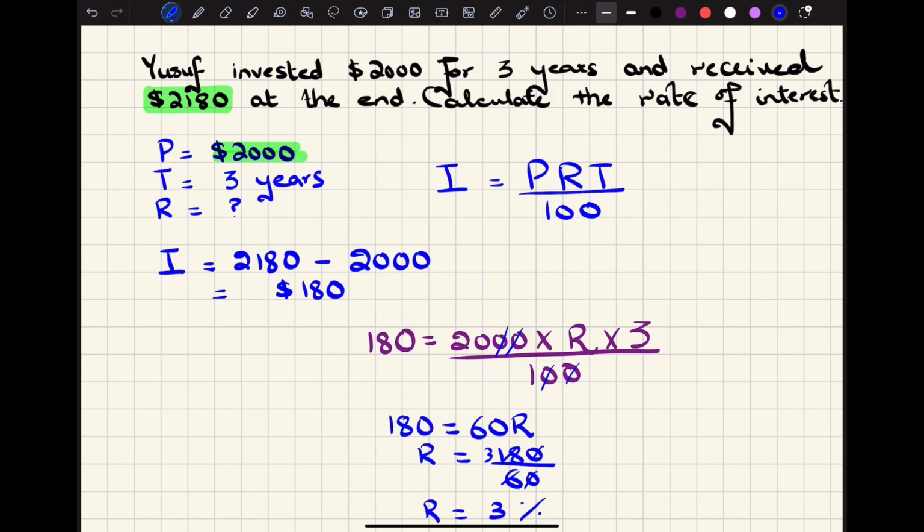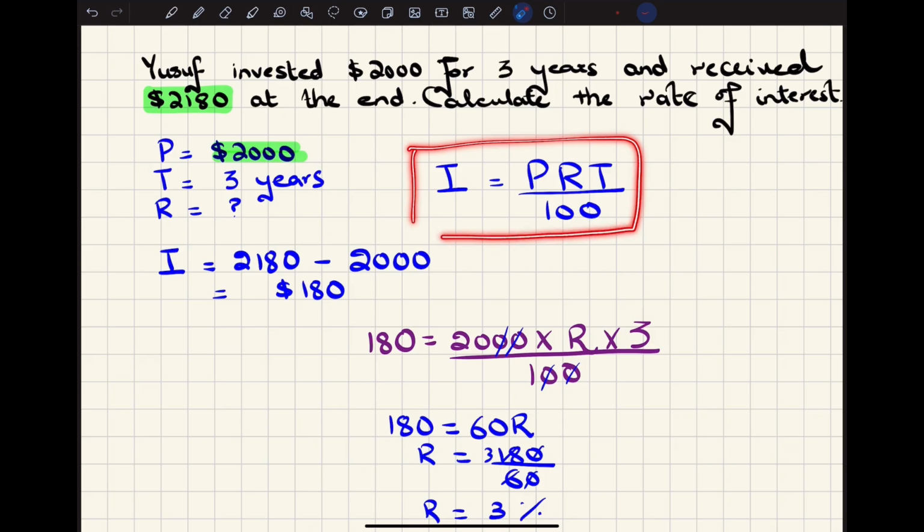So the questions for simple interest and compound interest, they're relatively easy. They're pretty straightforward. There isn't much that you have to do. For simple interest, keep in mind this is the formula that is going to be used. In one way or another, they're going to maybe give you the interest rate, the principal amount, and the amount of interest that a person is earning, and you need to find the number of years.